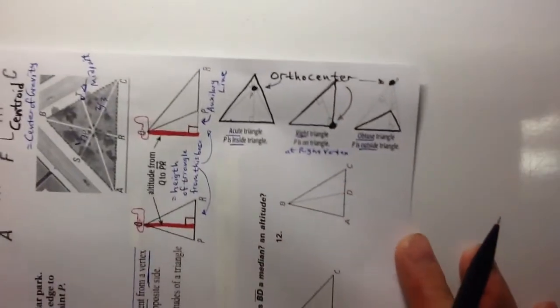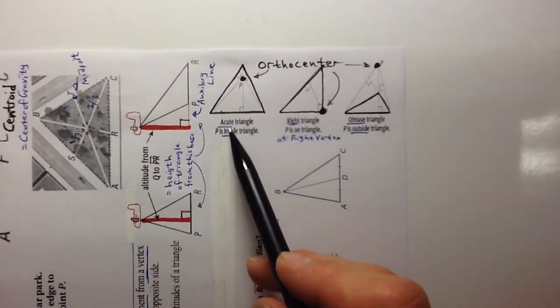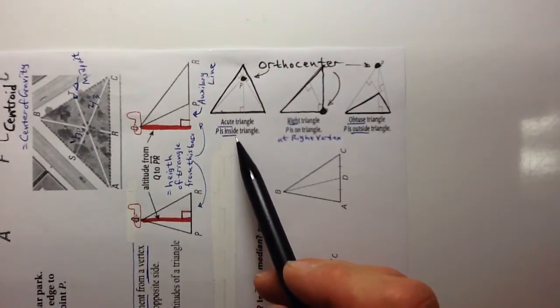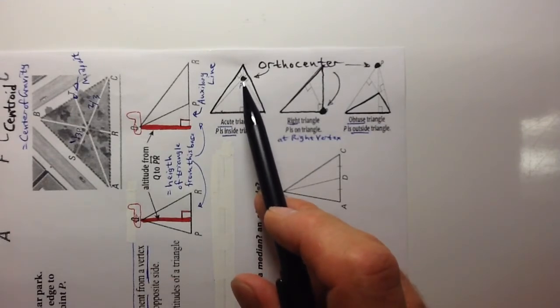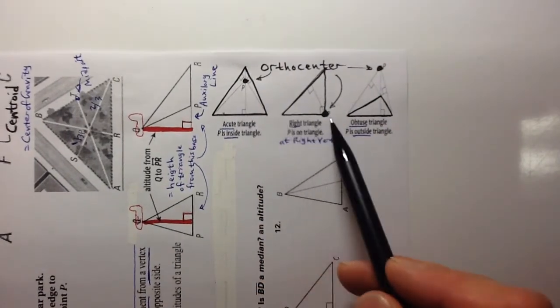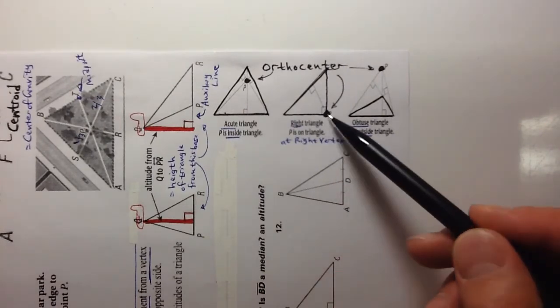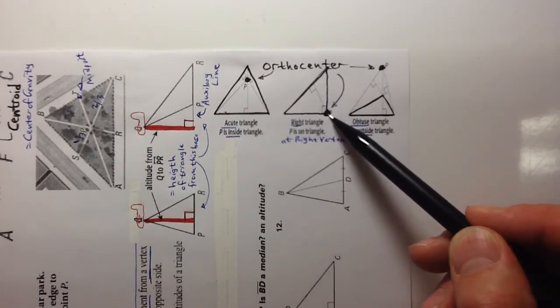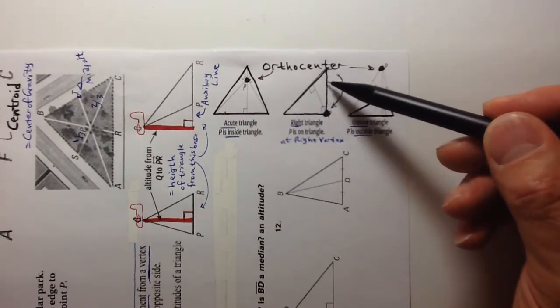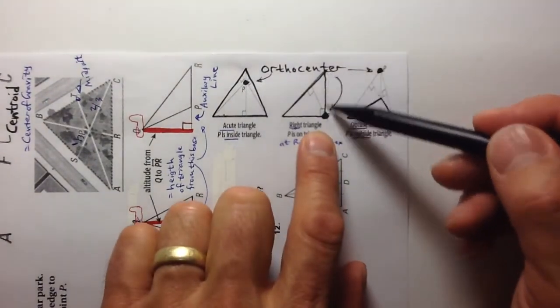So when you have an acute triangle, your orthocenter is going to be inside of the triangle. When you have a right triangle, your orthocenter will always be on this right angle vertex here, because this is your height coming on this side.